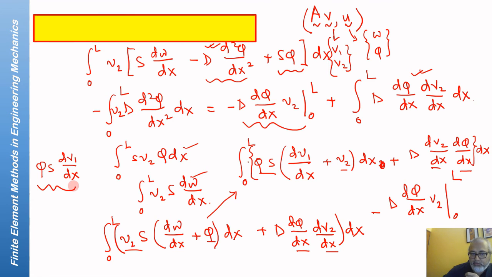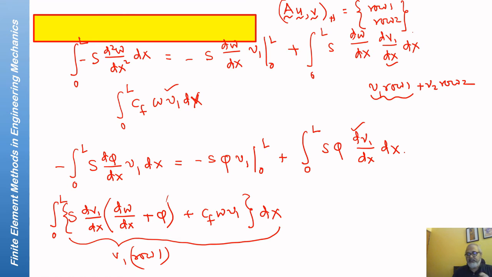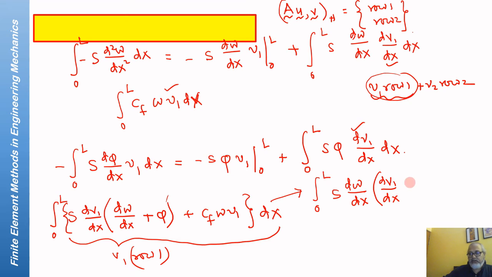But if we go back to the previous expression, that is the first part of the expression, then here we can swap again. So we'll get 0 to L, S V1 has to be swapped for W, so dw dx times dv1 dx plus phi becomes V2 plus CF V1W dx.